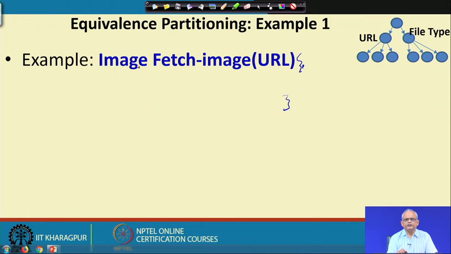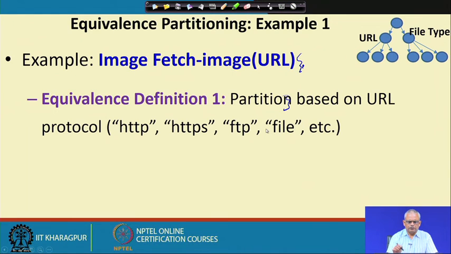Now, how do we define the equivalence class here? One is based on the type of URL. For example, it may be using the HTTP protocol, HTTPS protocol, FTP, file. So, this is the protocol used in the URL. Based on that, we can partition into a set of equivalence classes.